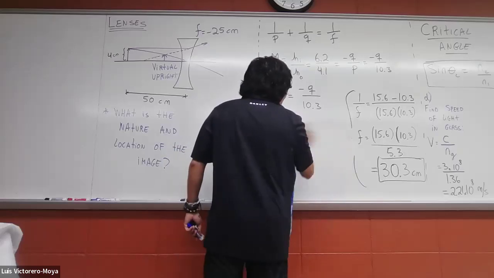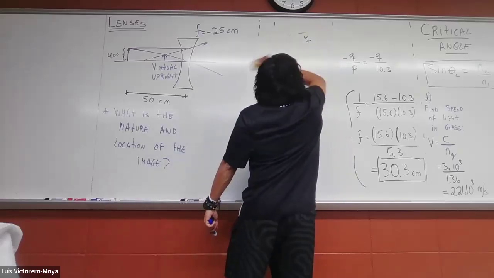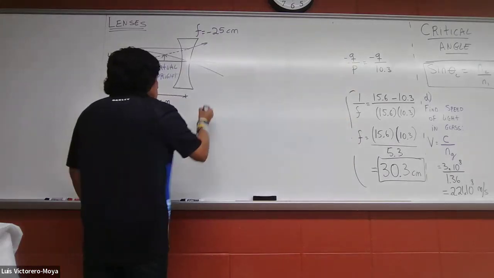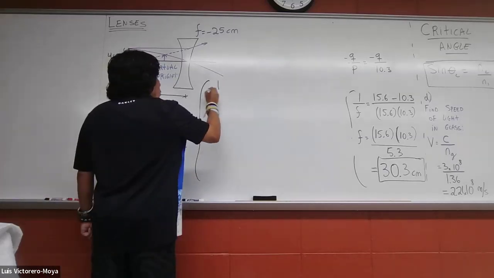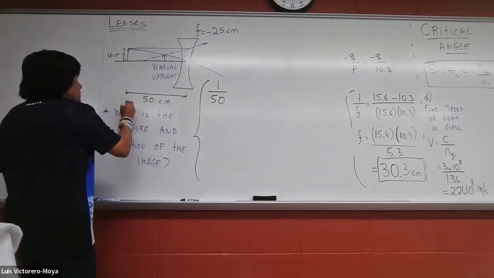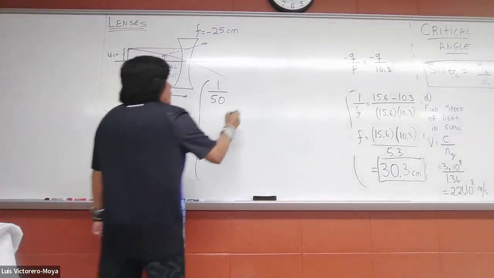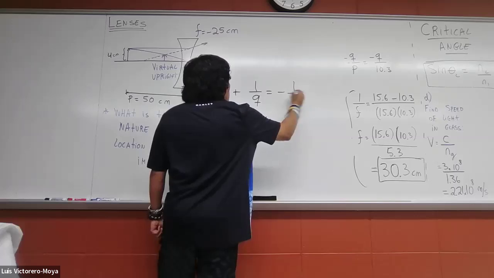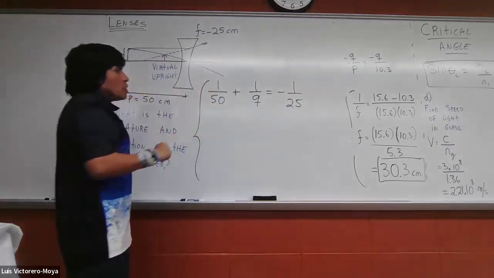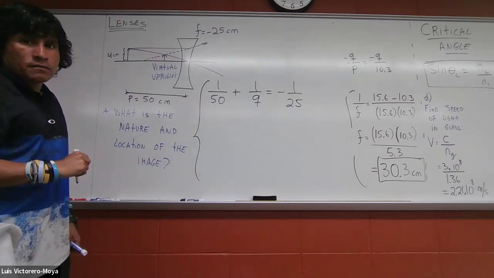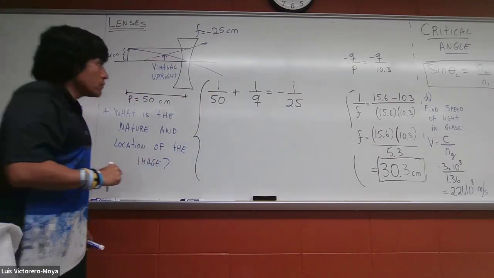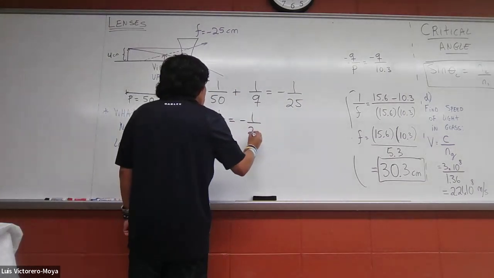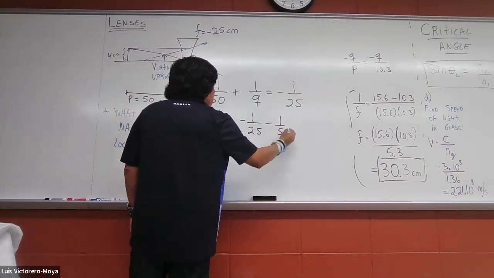And location, we need to find Q. So 1/50, because that's P, plus 1/the image distance is minus 1/25. You see, you have to be careful with the sign. It's negative there for the diverging lens. So 1/Q equals negative 1/25 minus 1/50.